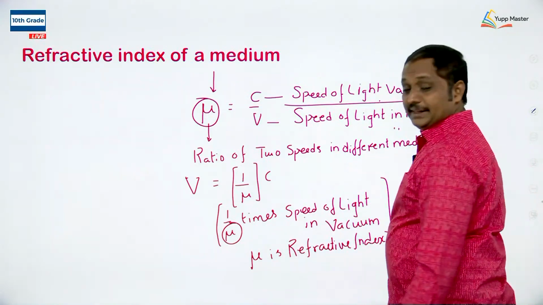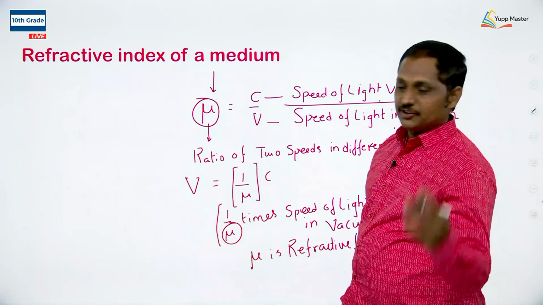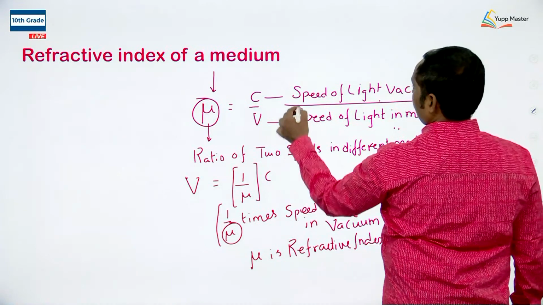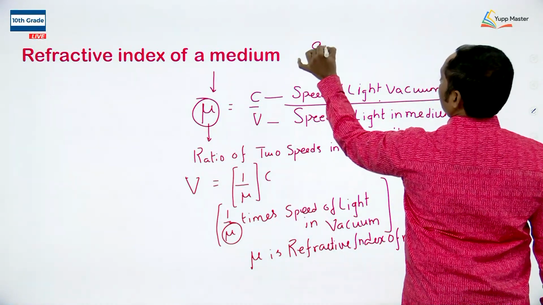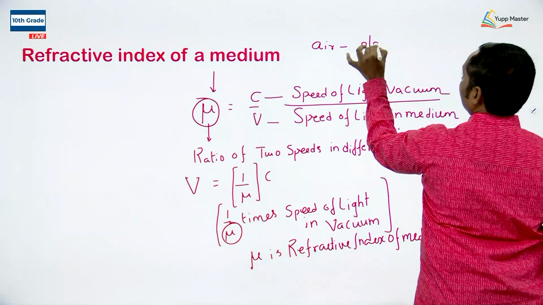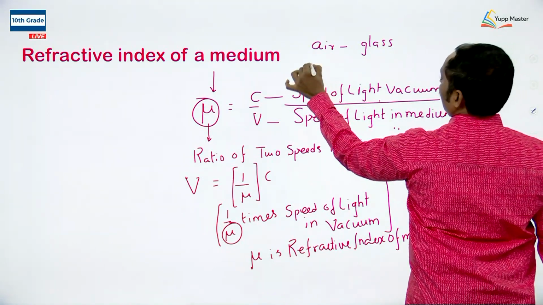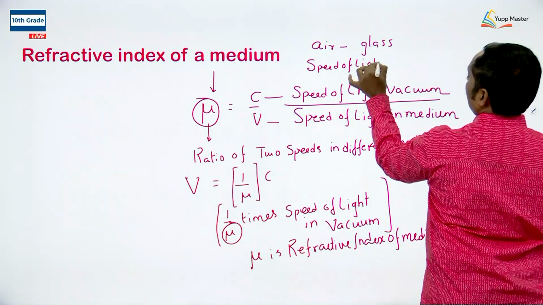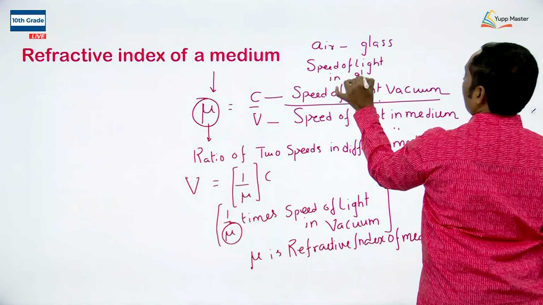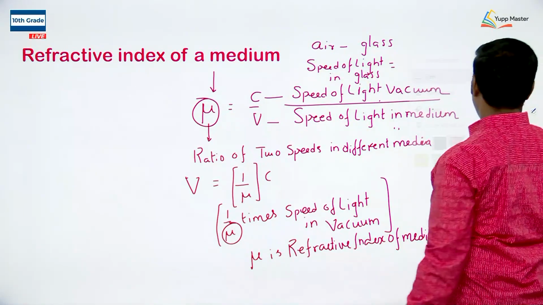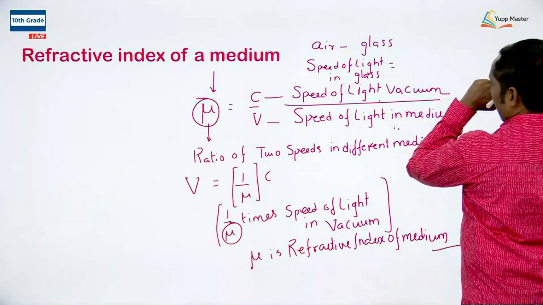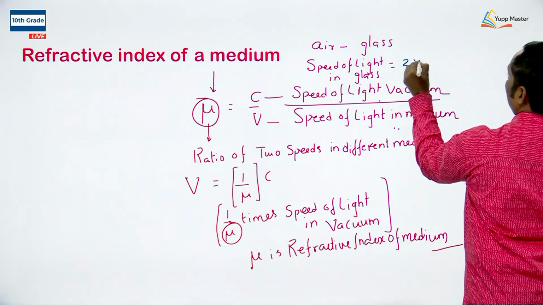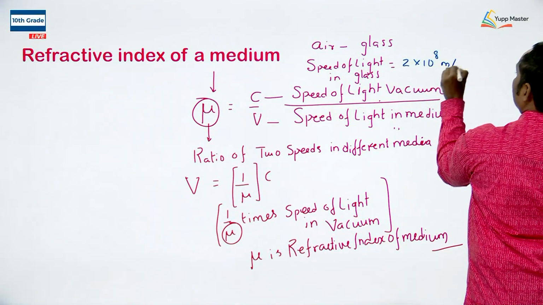Suppose in case of the glass material, you can take the air-glass interface. The speed of light in glass is equal to 2 into 10 to the power of 8 meter per second.